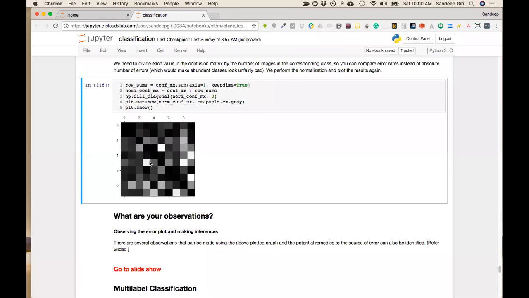Similarly, here 5 is also being confused as 8. Interesting. What else do you see? 4 and 9. Yes. Okay. 3 and 5. Yes. Okay. Any other observations do you have?